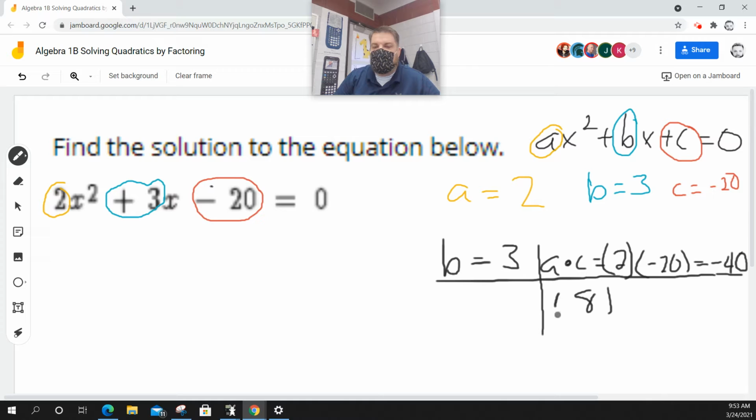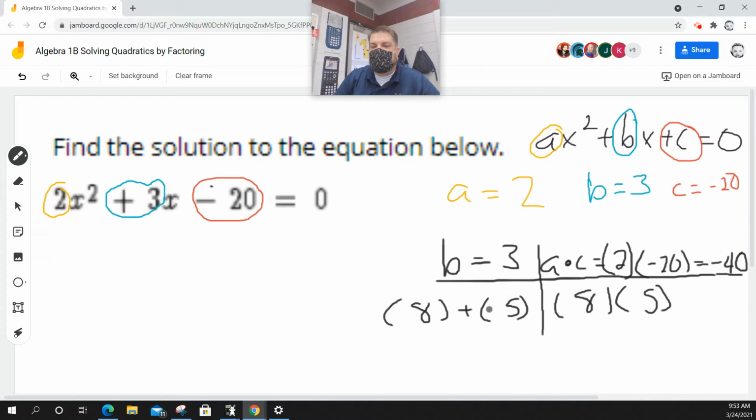Well, I know it's going to be maybe 8 and 5, right? Because 8 times 5 is a positive 40. But one of them has to be negative. So the way that I could tell which one is negative is I got to think about how do I add these up so they equal 3.